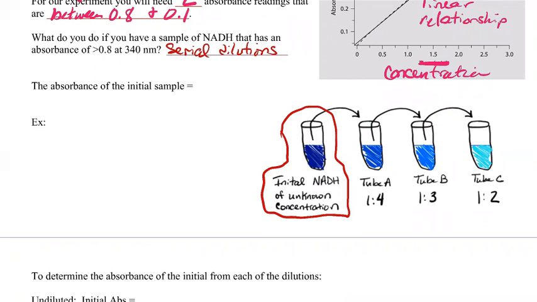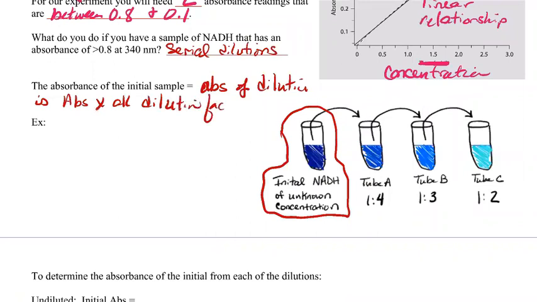The absorbance of my initial sample is the absorbance of my dilution times all dilution factors used. And I'm going to give you some examples, okay?